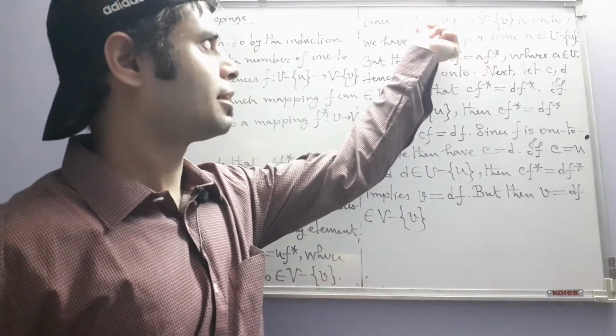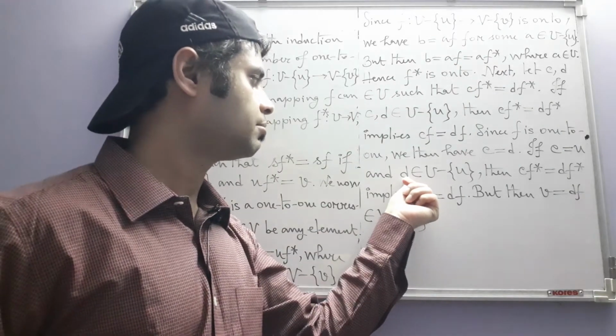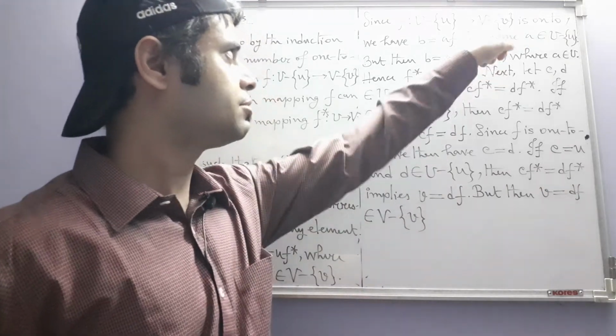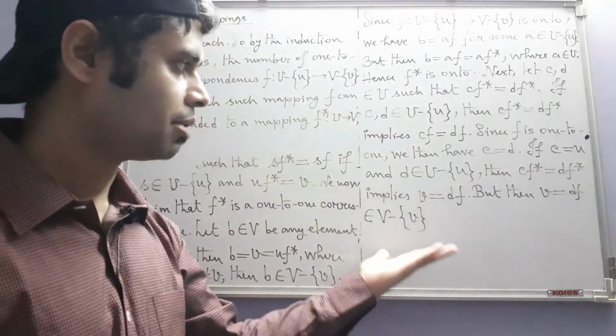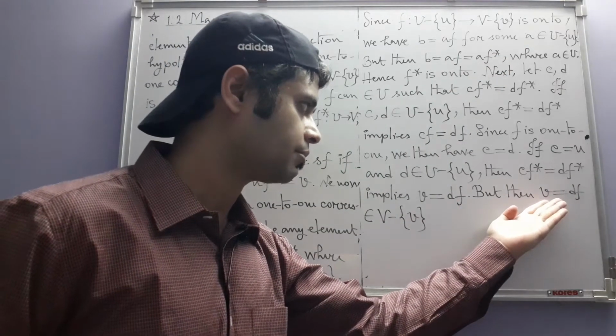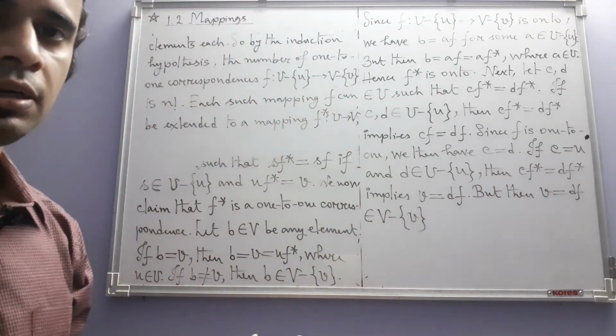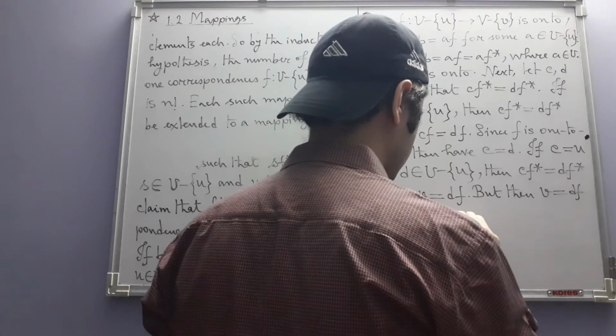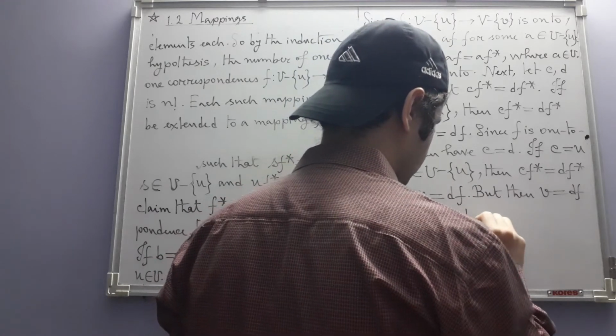So whatever element you choose from this set, in this case it is D, its image will lie in V minus v. But we are getting here that v belongs to V minus v, which is clearly not true. A contradiction.